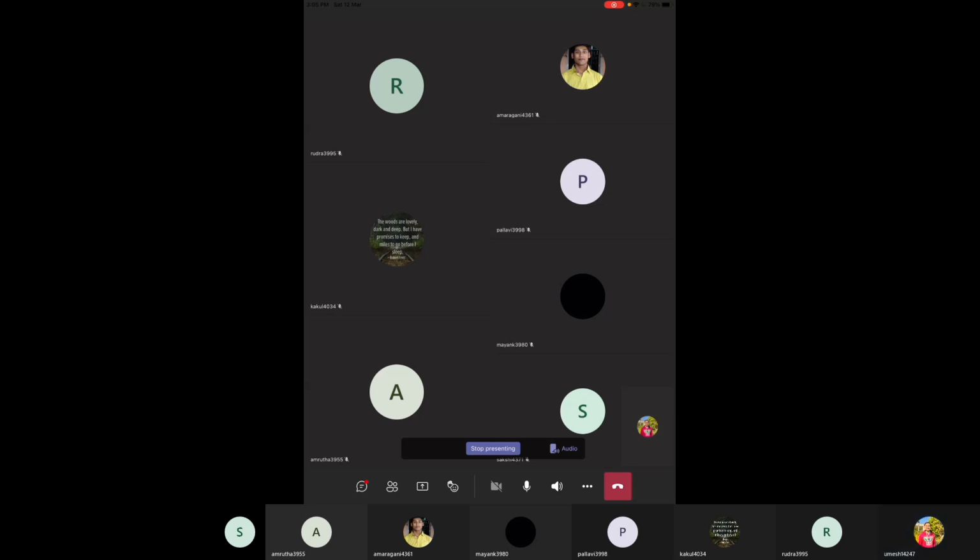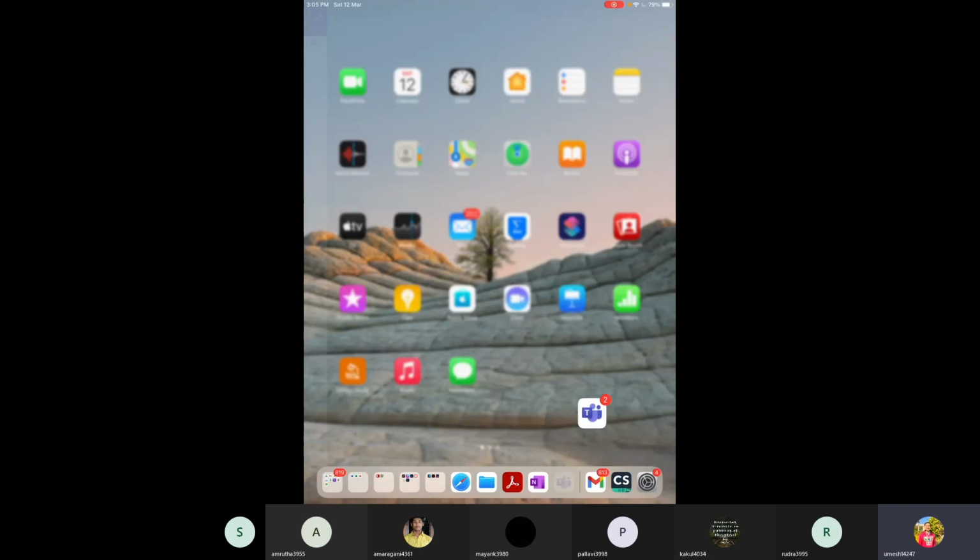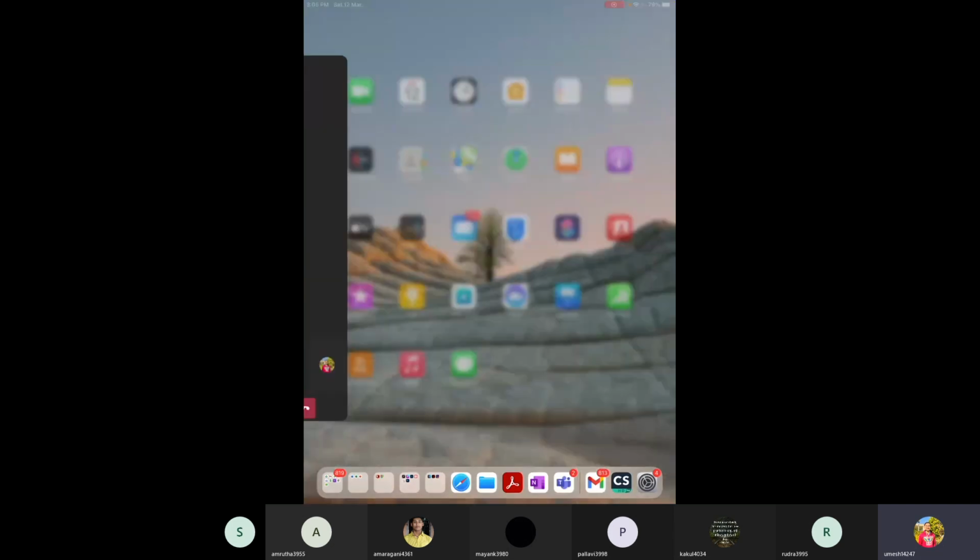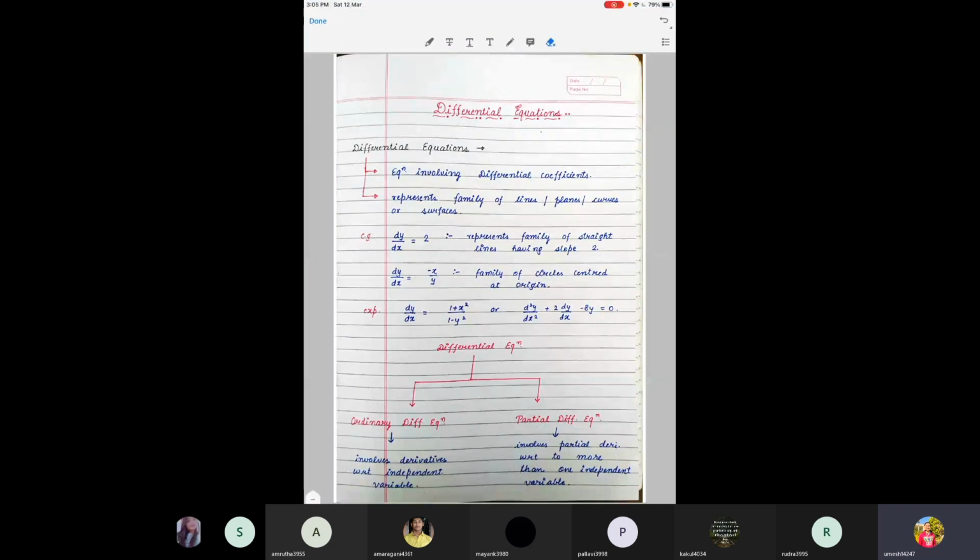The topic we have is differential equations, which is a very important topic of mathematical physics part one. You have vector calculus, differential equations, and probability. We will start with differential equations for now.